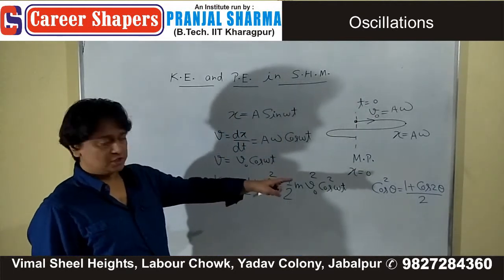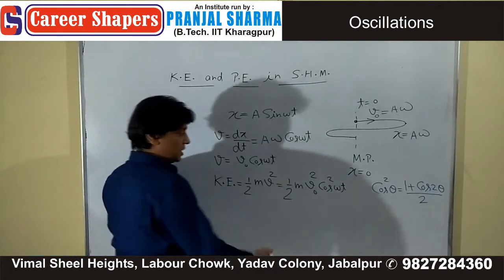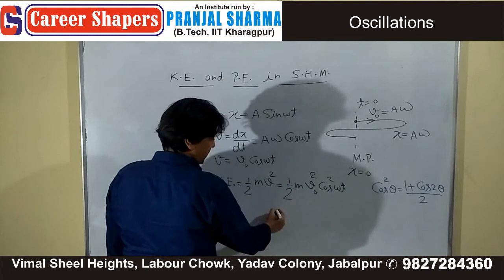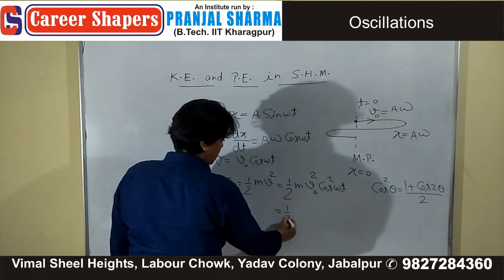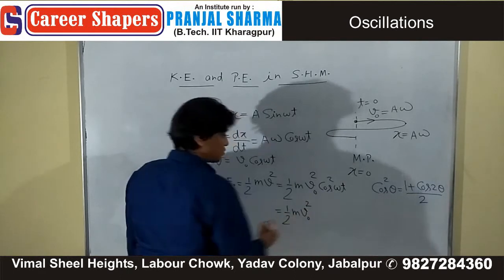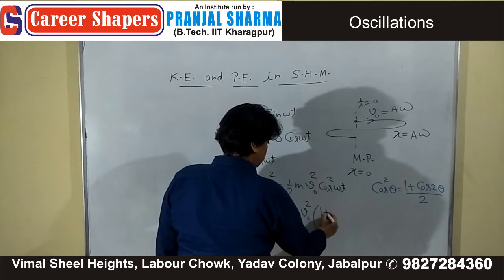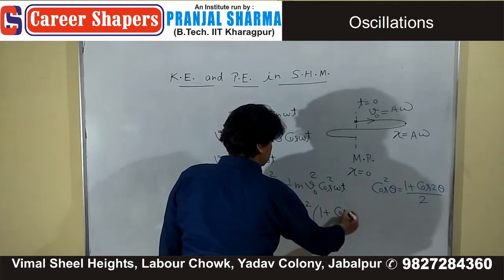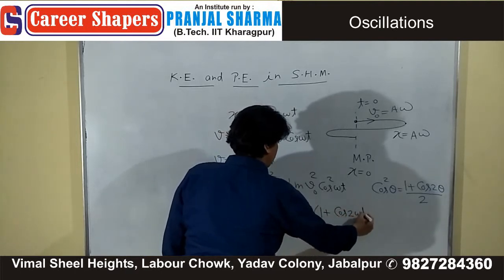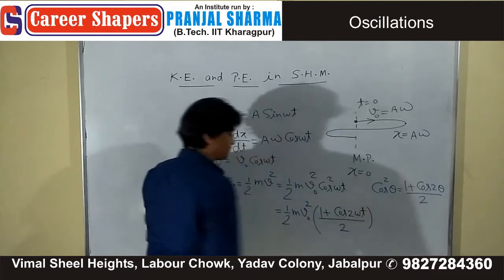I hope you remember this. Therefore this kinetic energy becomes half of m v naught square times 1 plus cos of 2 omega t, divided by 2.